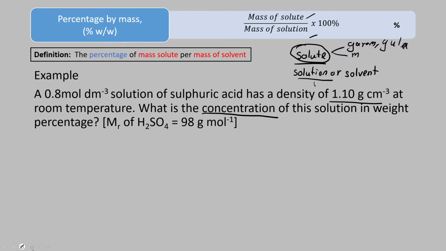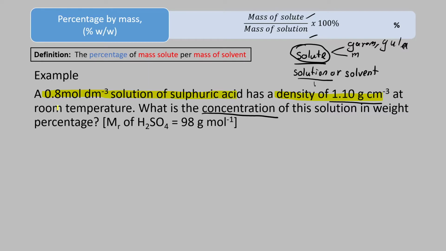The first thing I like you guys to do is highlight the important bits. So you have mole per dm3 of sulfuric acid solution. It has a density. Room temperature, maybe relevant or maybe not, but take note, please write it down. What you need to take note of is whether there is a gas volume.